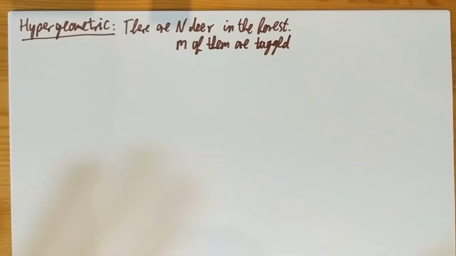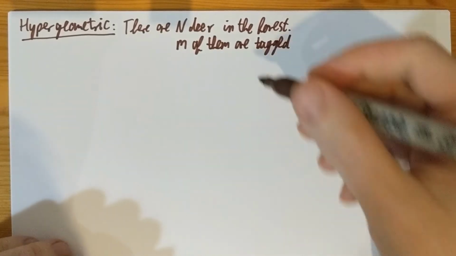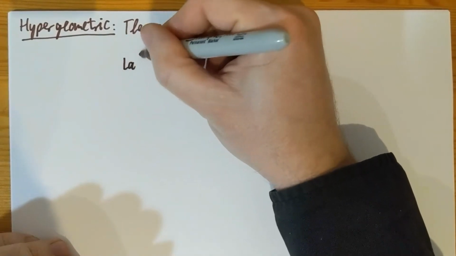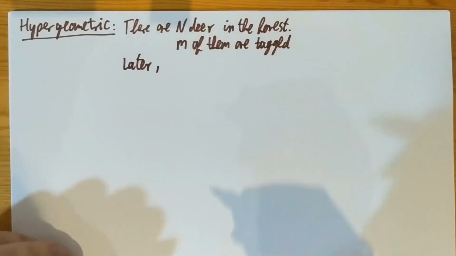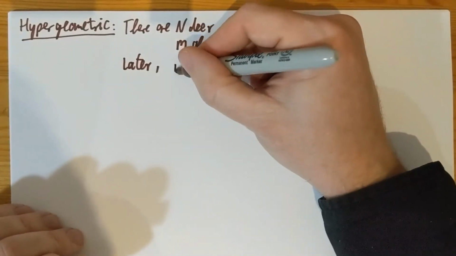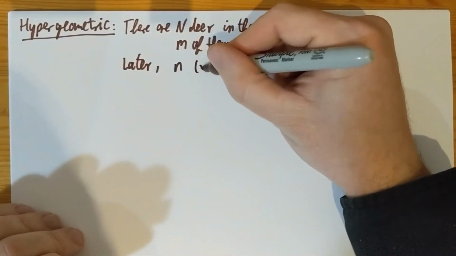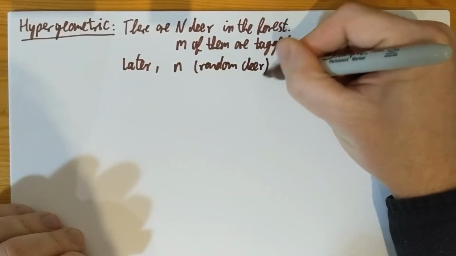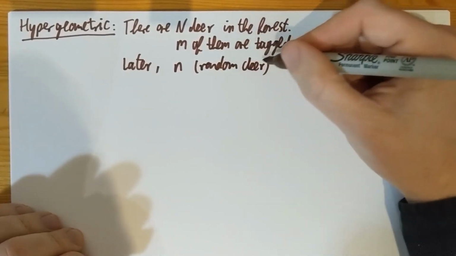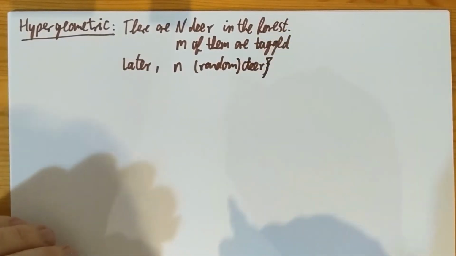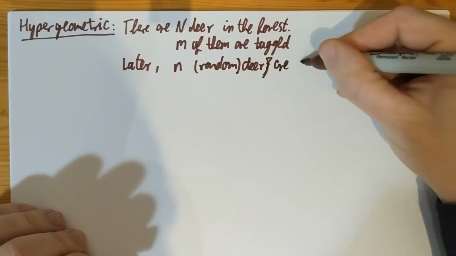We assume that the number of deer is constant, so there are no deer born and no deer dying or disappearing. And later on, well mixed, so independently of which were tagged, n random deer are captured.